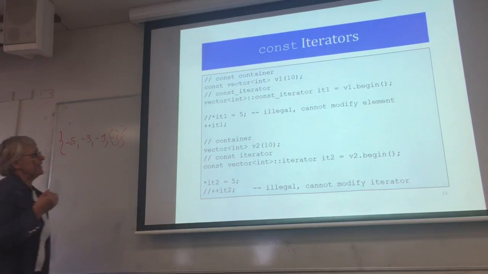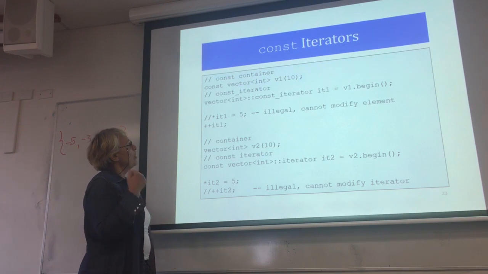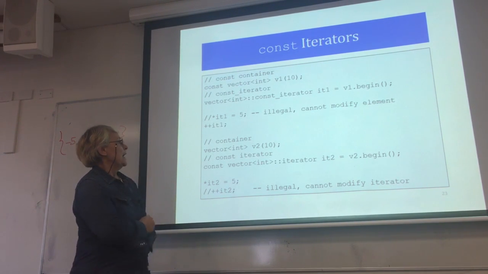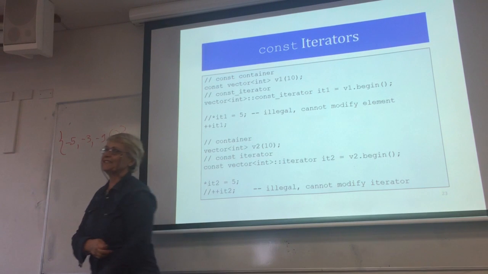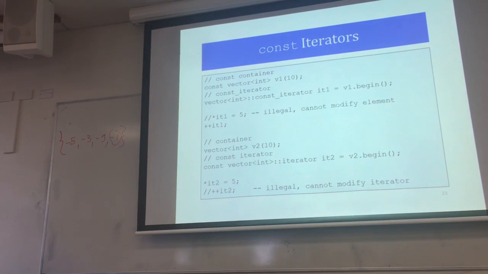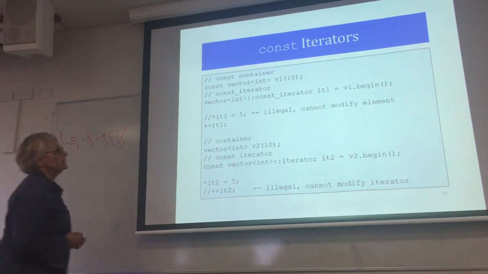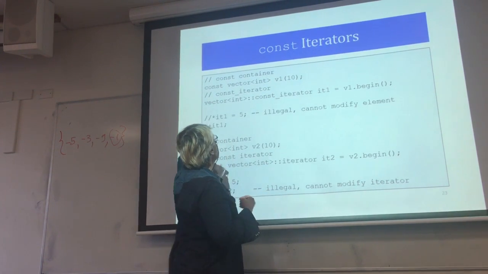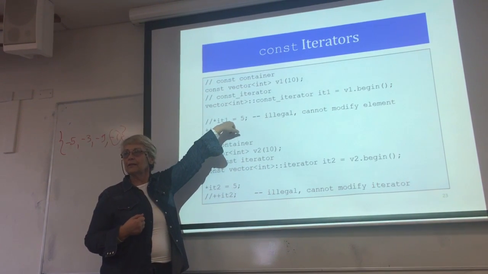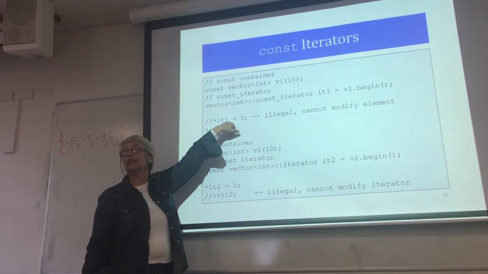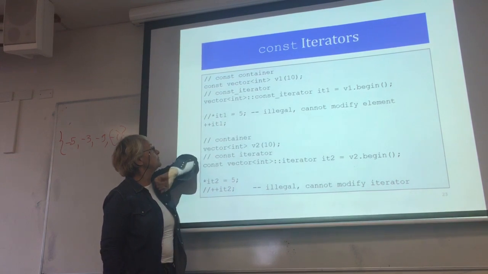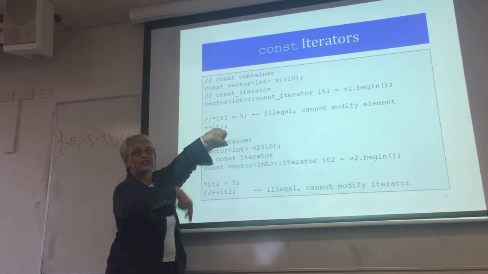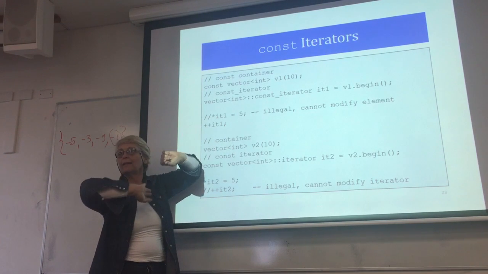And you have to be aware that there is a difference between constant iterator and an iterator which is constant. Things become more exciting, right, by combining things. So with a constant iterator, the code promises not to change the element to which it looks. This is not allowed. But you can change the iterator itself because you move through the elements.